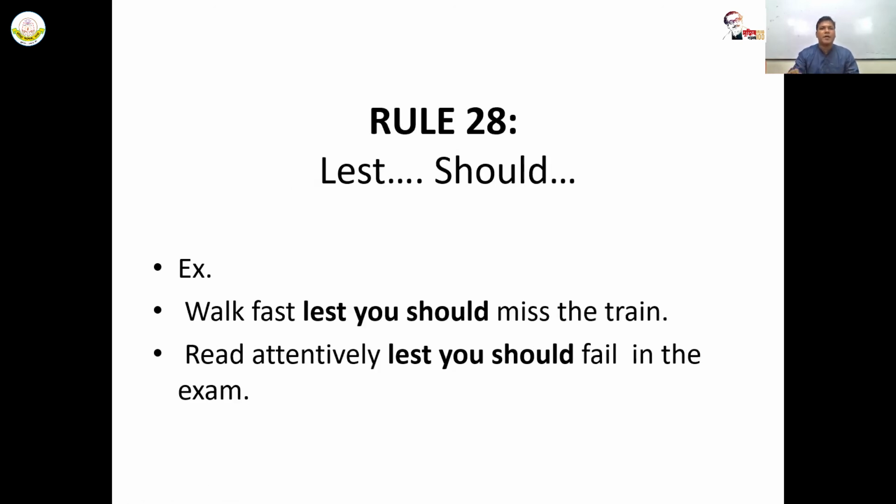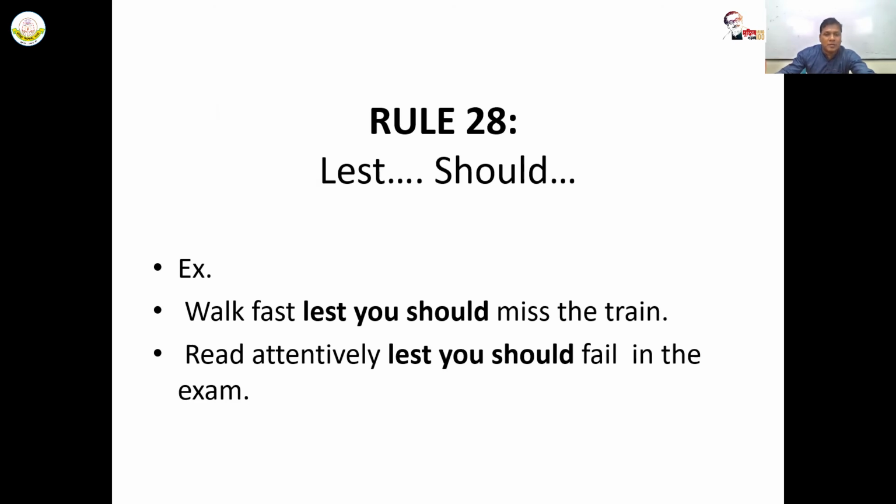And now rule 28, lest and should. If you find this structure, always use the present form. Whenever you find this structure, use the verb one or base form of the verb. For example, work first, lest you should miss the train. Read attentively, lest you should fail in the exam.